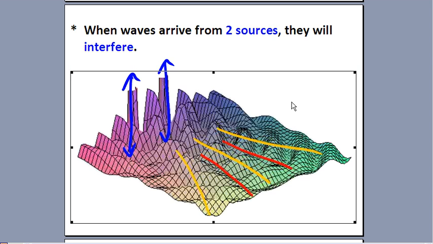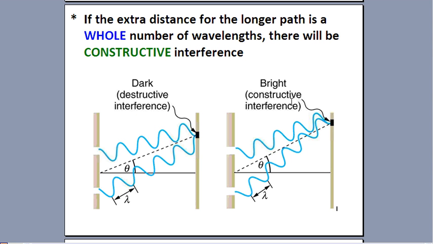Let's take a look at how this might happen for our story with light coming through a couple of narrow little openings. If that light can spread out and land on the wall on the other side of the classroom, and it arrives in a way where right as one wave is trying to push this way and the other is trying to pull, those are going to be fighting all the time, and you're going to get destructive interference.